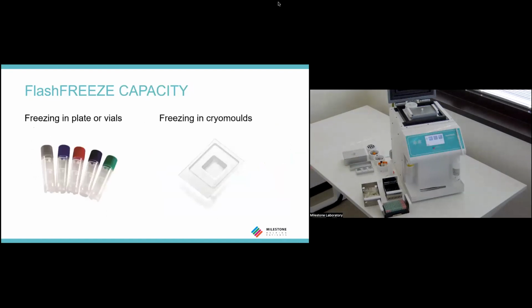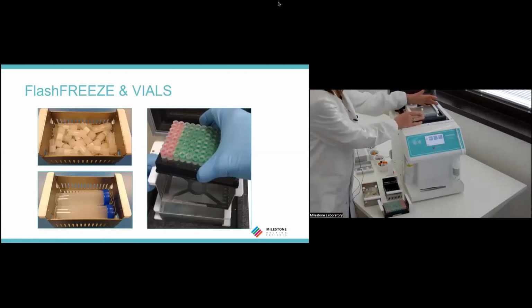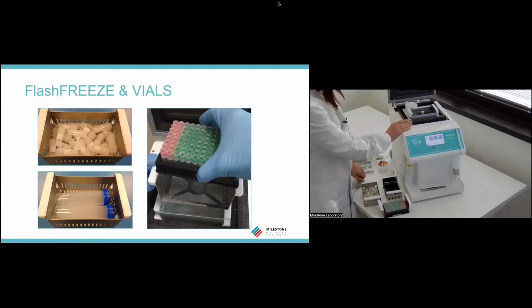As I told you, in Flash Freeze it's possible to freeze both vials or cryomolds. In case of vials, we have the freezing container with its cover, and here we have a tool that keeps the vials down inside the reagent.